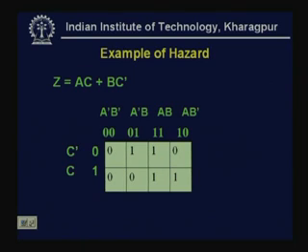So, let us take an example. Say Z equal to AC plus BC bar. This is a 3 variable expression.